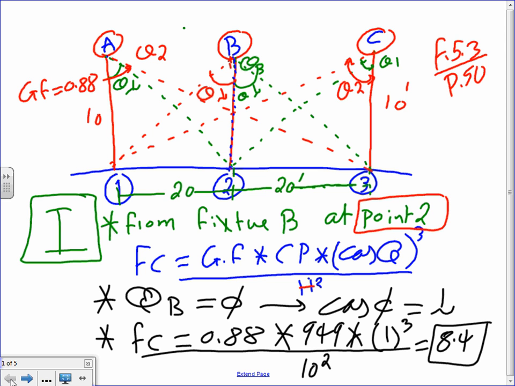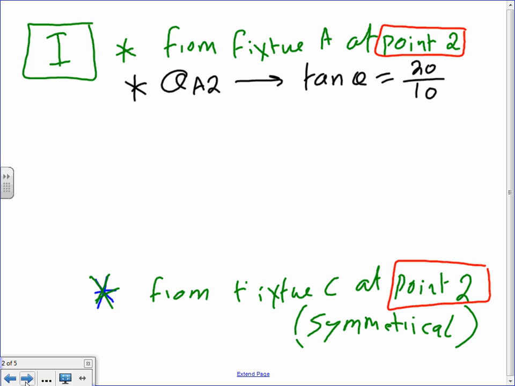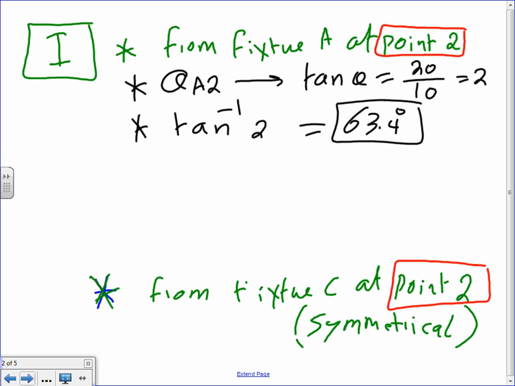Everybody can see that? So tan Q equals 2. Then the next thing you need to do is take tan inverse of 2, which angle has that tan of 2? That will give you 63.4 degrees. That's my angle.